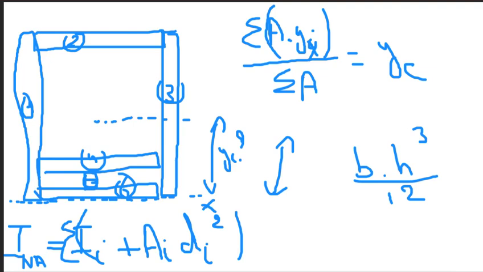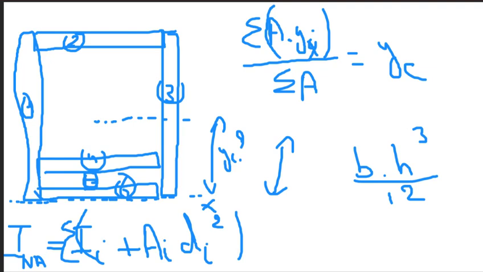So I have a proposition for you now. I'll stay here online and you make this exercise and see if you end up with the same results as in the Word document. Try to find the position of the neutral axis of this exercise.